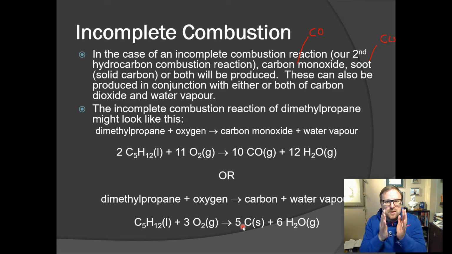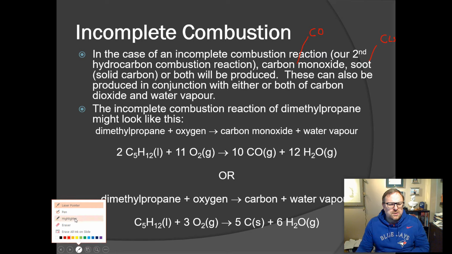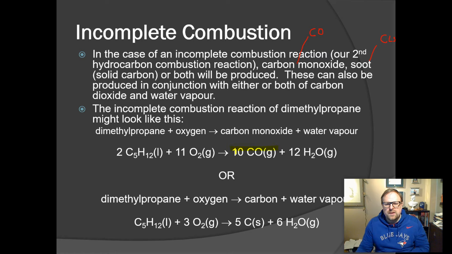What I want you to see and understand instead is that we have carbon monoxide and/or soot being produced in these reactions. So we're either going to produce carbon monoxide or we are going to produce soot. It is an incomplete combustion when you see one of those two things as a product of a combustion reaction.